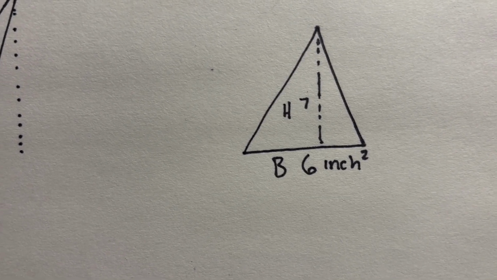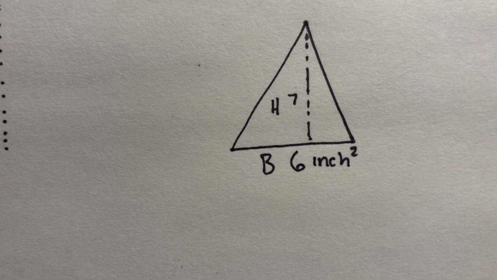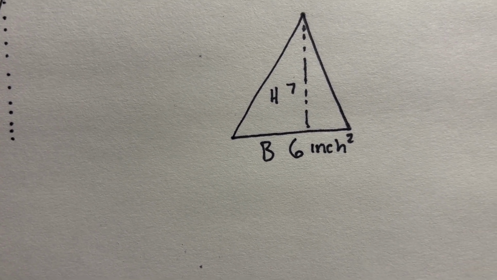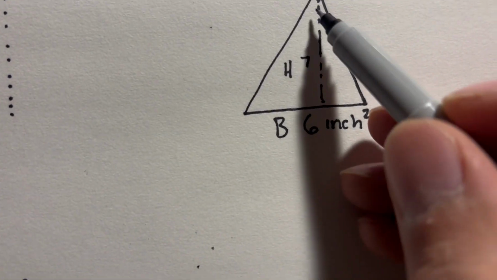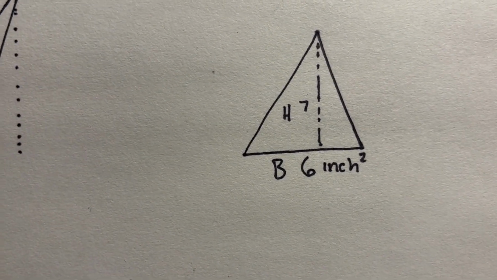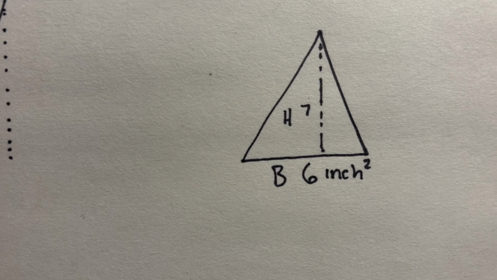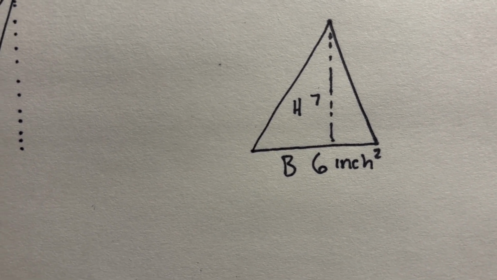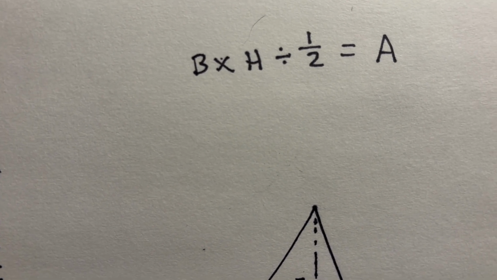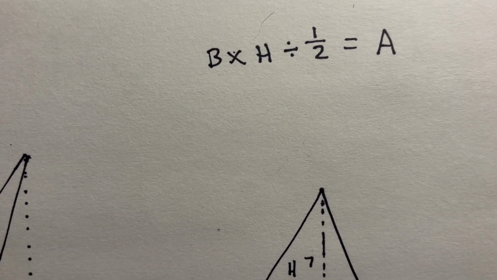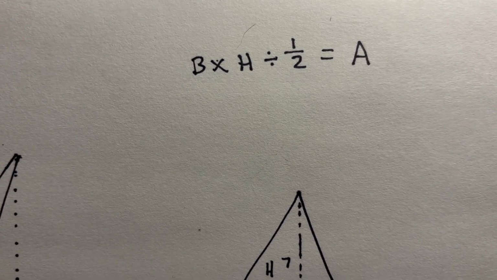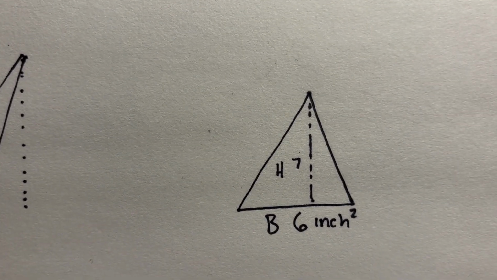We're talking about volume now, but in a 2D sense, that's kind of what I want you to get a picture of in your head, is that you're essentially filling this up and knowing how much 2D space you need to fill this up, and it could work with any shape. And like I said, we're going to use the formula of this, base times height, and divide it by 2, and that will be your area.